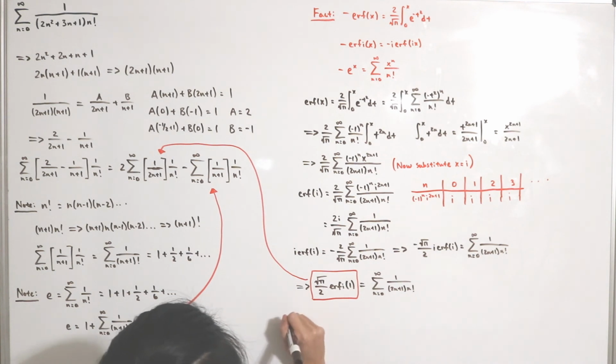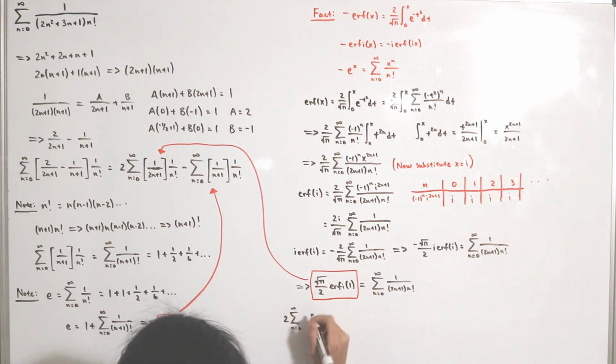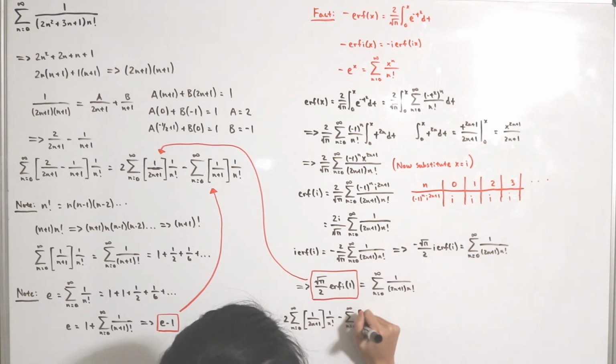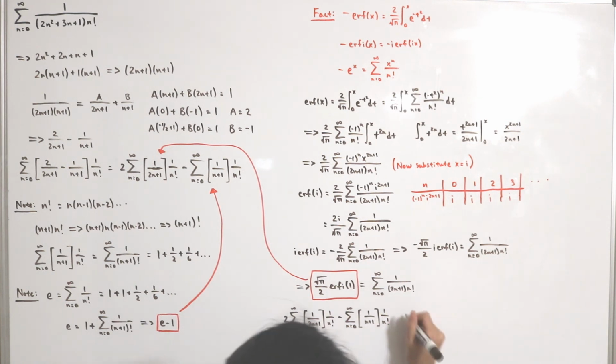So this is 2 times the infinite series from n equals 0 of 1 over n plus 1, multiplied by 1 divided by n factorial. So just substitute our pieces.